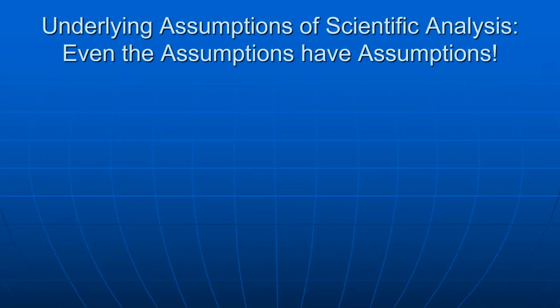Now, those assumptions look pretty fundamental, but the longer I've spent doing this as a political scientist, the more I'm convinced that it's important for us to acknowledge that even our assumptions that we saw in the previous slide, even our assumptions have assumptions.